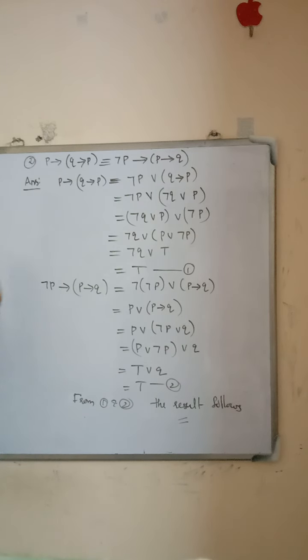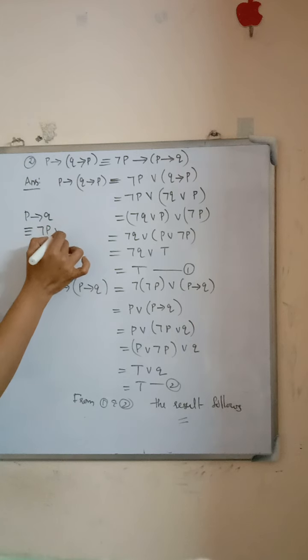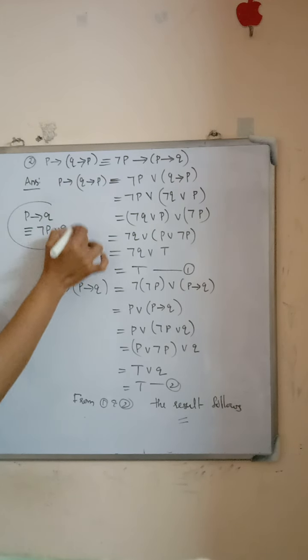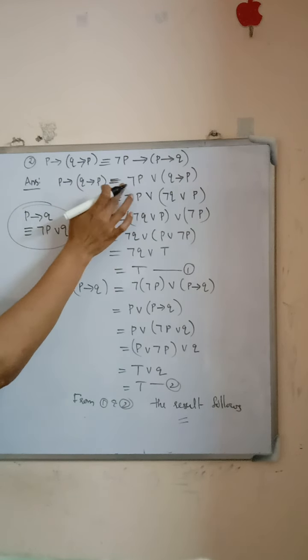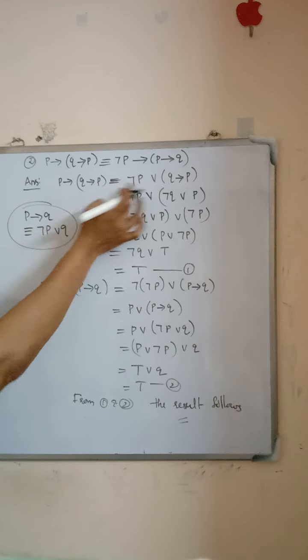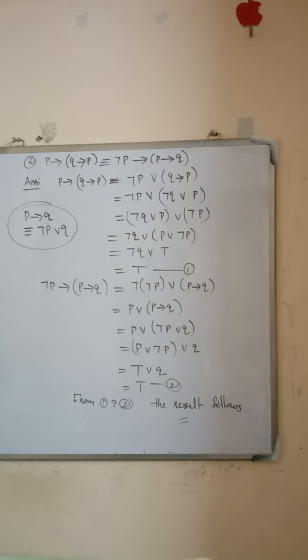We know that P conditional Q is equivalent to negation P or Q. Using this result, P conditional Q conditional P is written as negation P or Q conditional P.